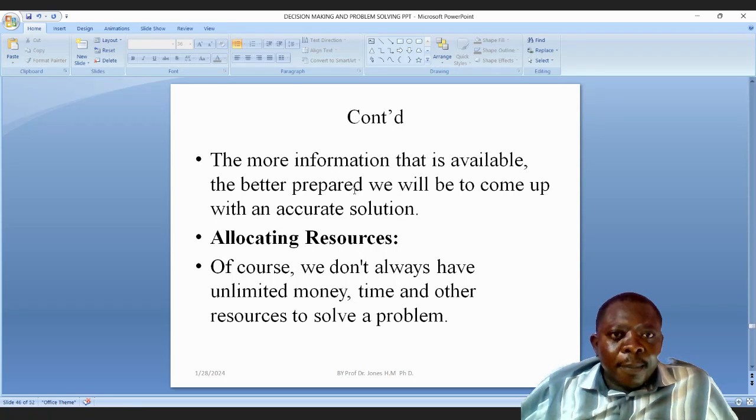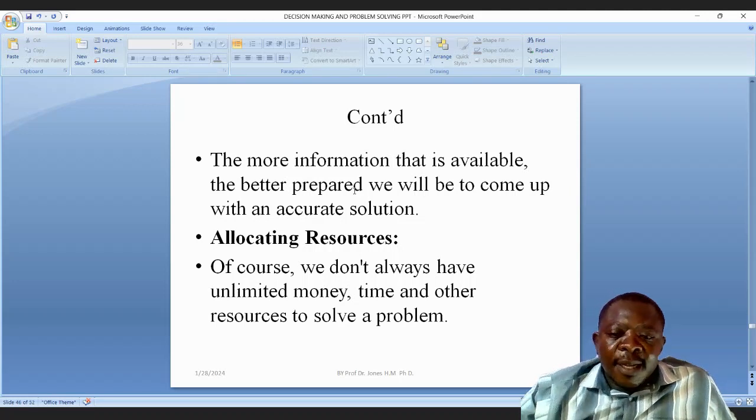Then the fifth step in problem solving is allocating resources. Of course, we don't always have unlimited money, time, and other resources to solve a problem. So allocating resources to solve a problem is quite important so that those resources are going to fit in the solving of the problem.